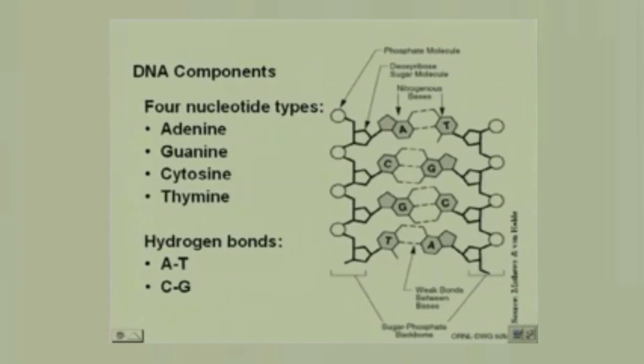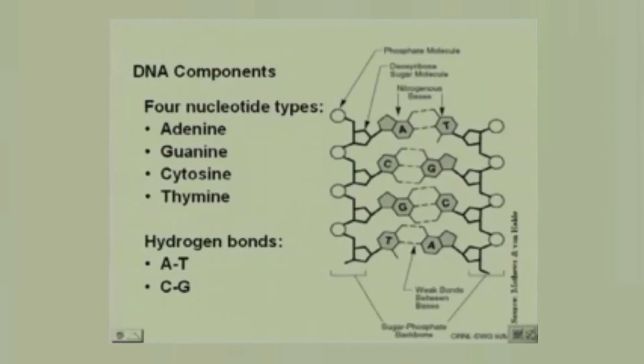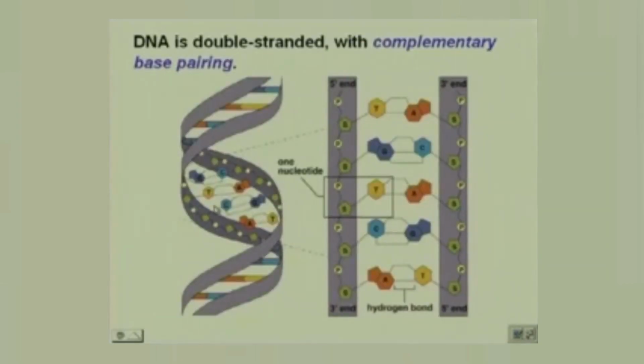Is that clear? Okay? And why do you have this? Whether you have the AT set or the GC set, it's the same, because the distances are 11 angstroms and because you are linking a purine and a pyrimidine. You are linking one fused 6 and 5 membered ring, and you are linking it with another 6 membered ring, and the hydrogen bonds are between the A and the T, 2 hydrogen bonds, and 3 hydrogen bonds between the G and the C. So this is what we have.